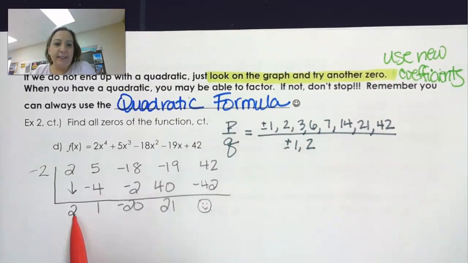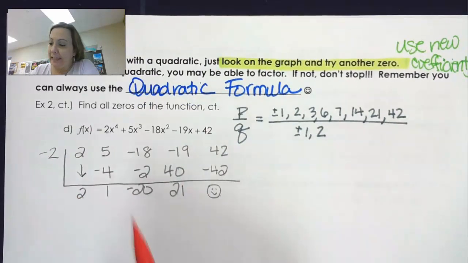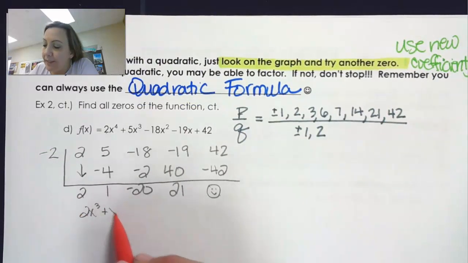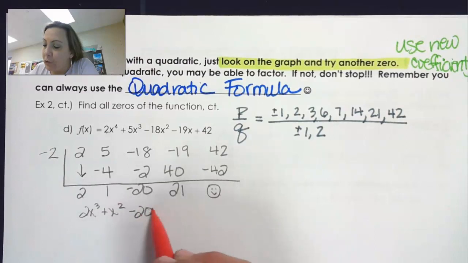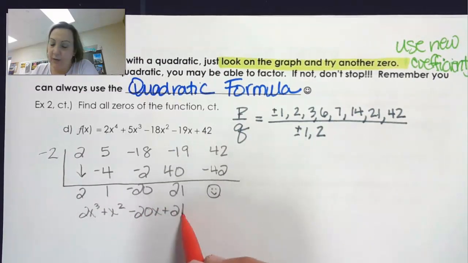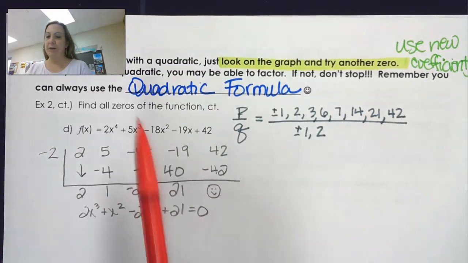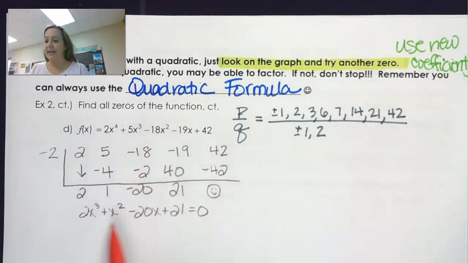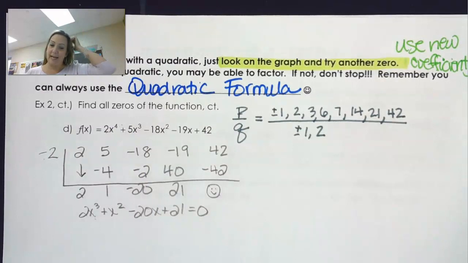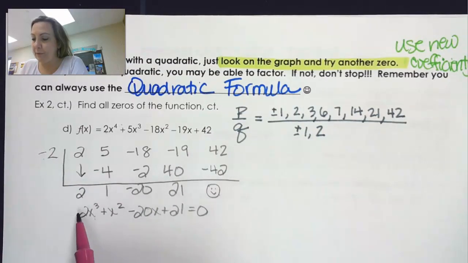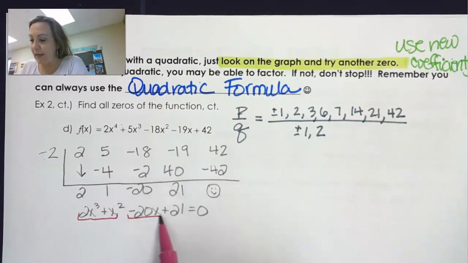So let's think about what's left, because sometimes you're able to factor what's left. We would have 2x cubed plus x squared minus 20x plus 21 equal to 0. Again, we started with an x to the 4th. When we divided it out by a linear factor, we're going to end up with a 2x cubed. Well, when we have 4 terms, sometimes we could factor by grouping.